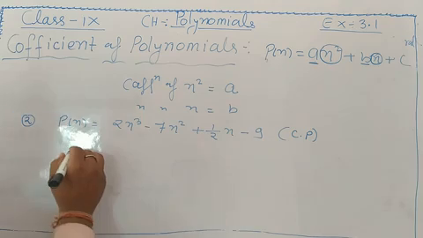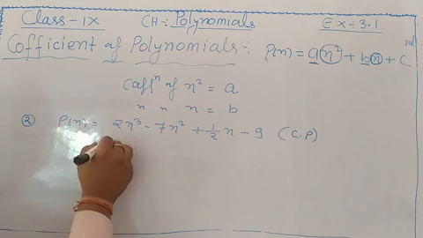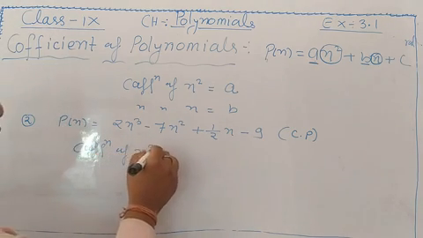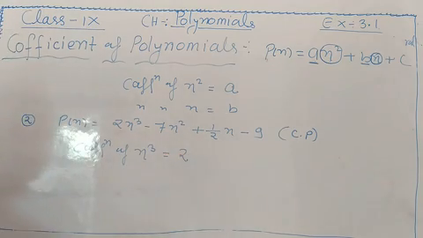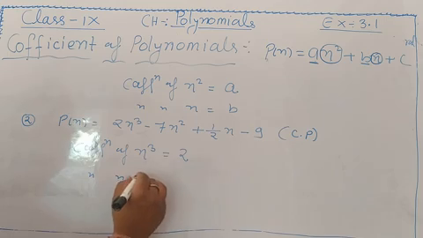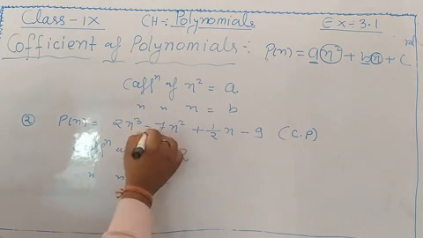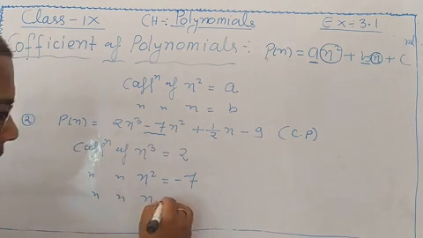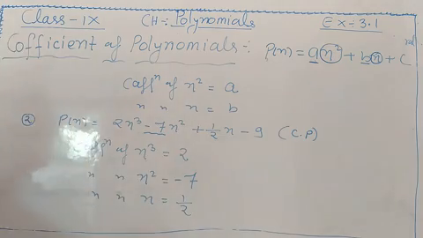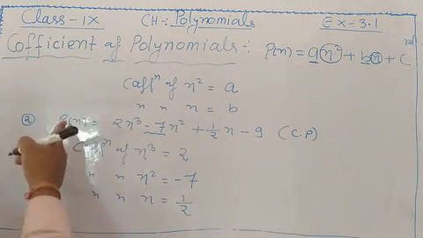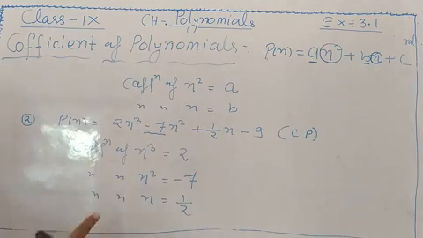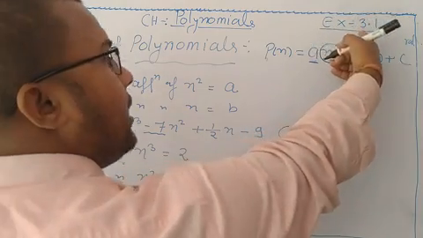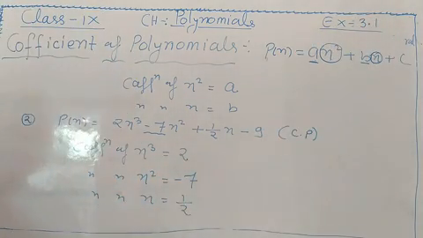The coefficient of x³ is 2, the coefficient of x² is −7, and the coefficient of x is 1/2. So this is called the coefficient of a polynomial. Also write the two examples and solve each and every question of exercise 3.1. Okay, students.